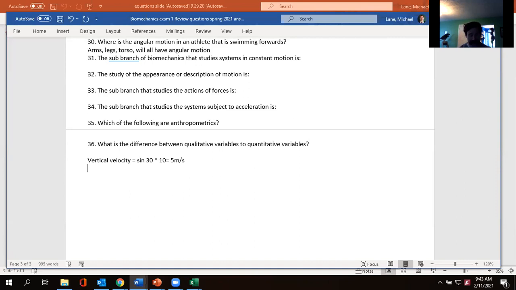So then our vertical distance is going to be equal to 5 times 2 minus 1/2 of 9.81 times 2 squared. 2 squared is 4.